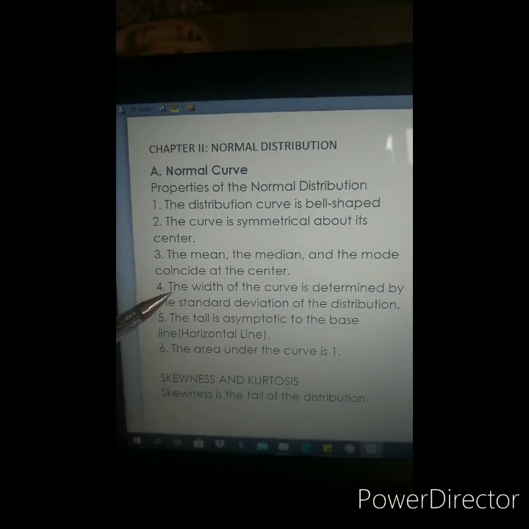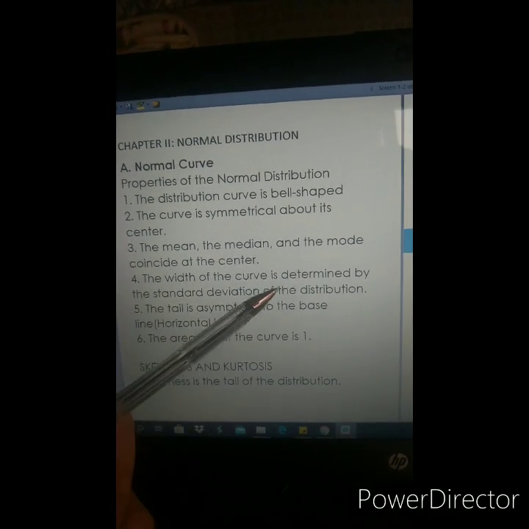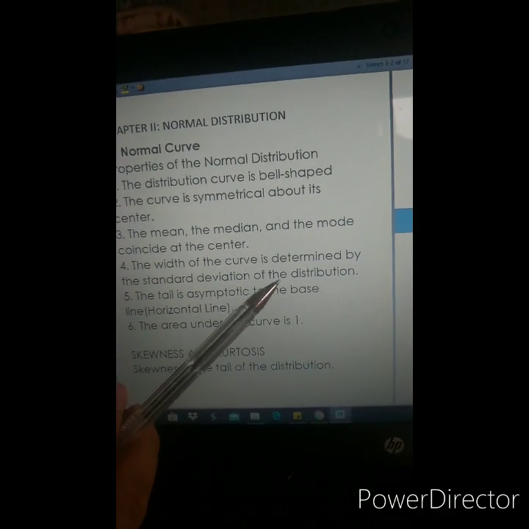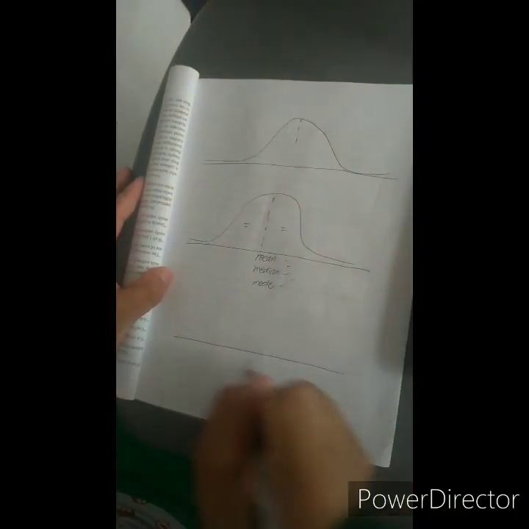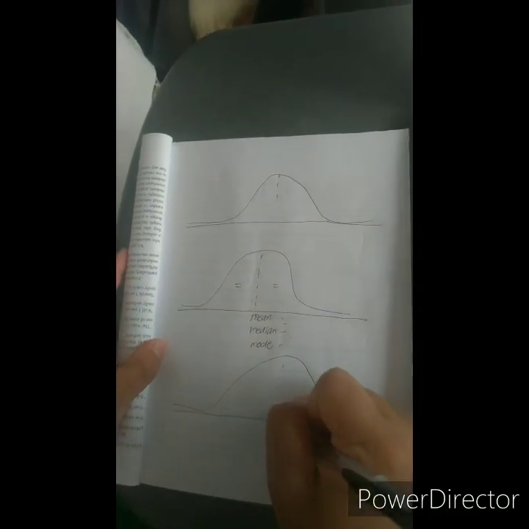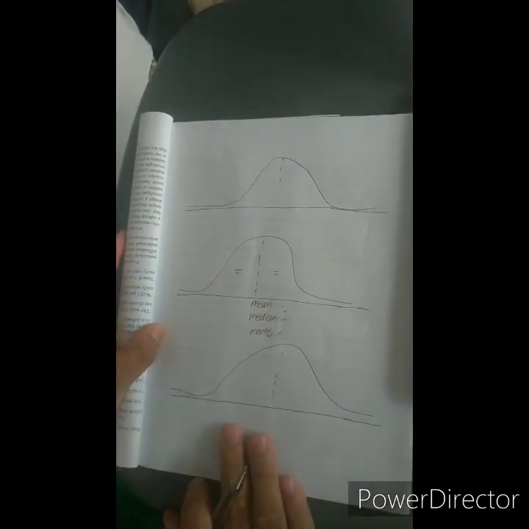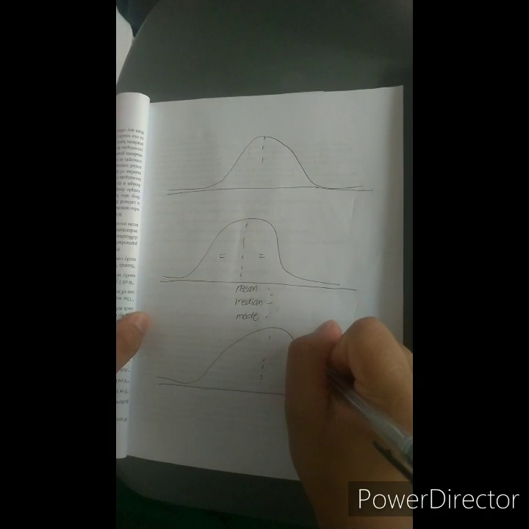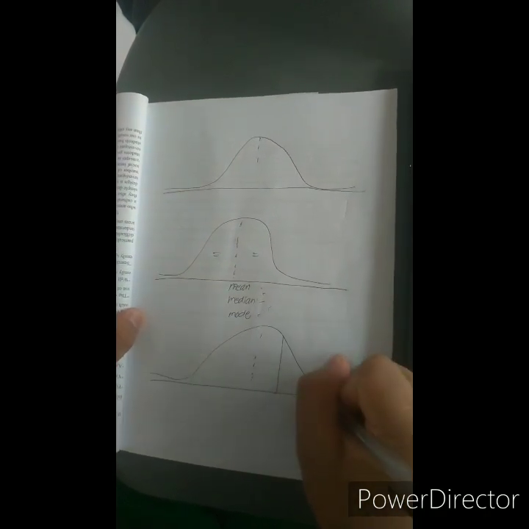Next we have number 4. The width of the curve is determined by the standard deviation of the distribution. Let's draw another normal distribution curve. This is the center. The width, so later on you would see lines here.